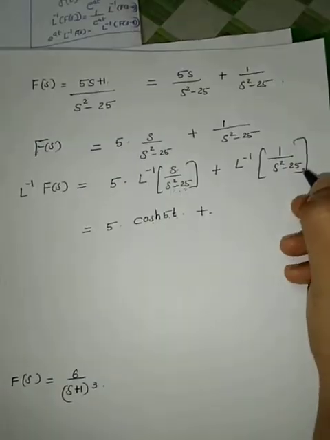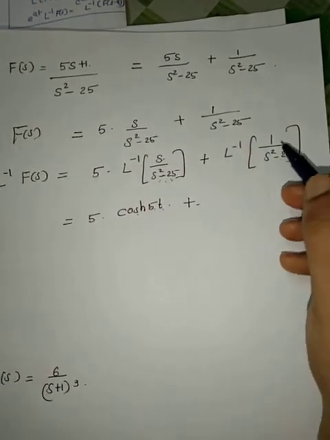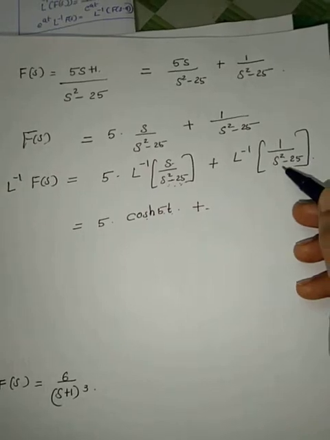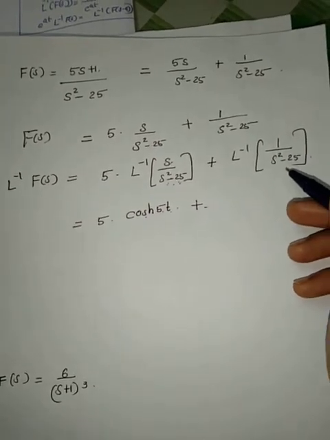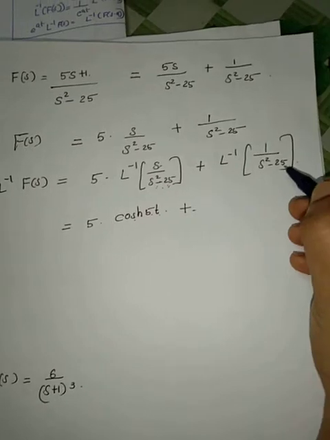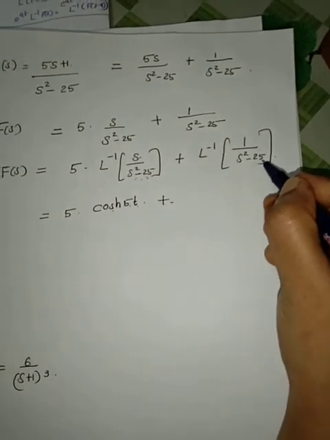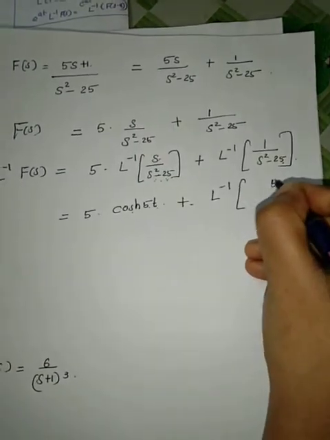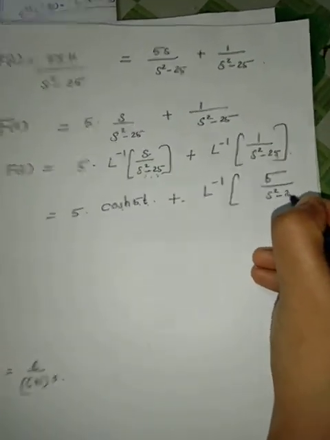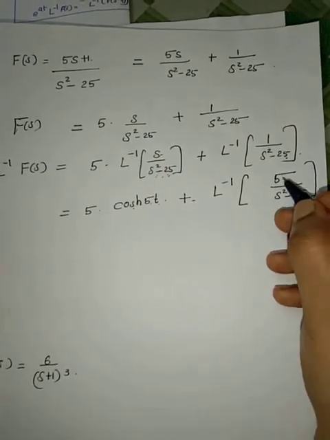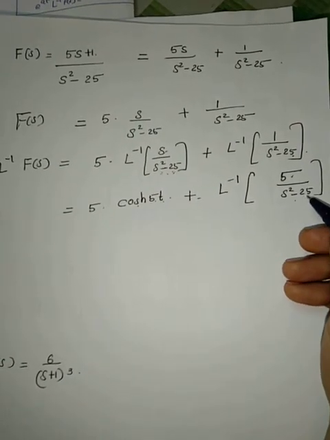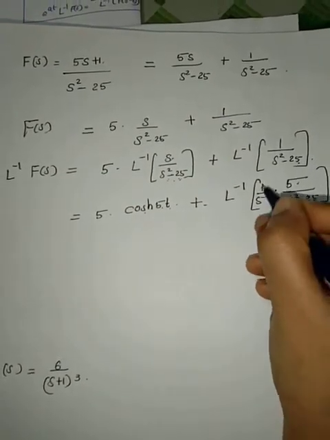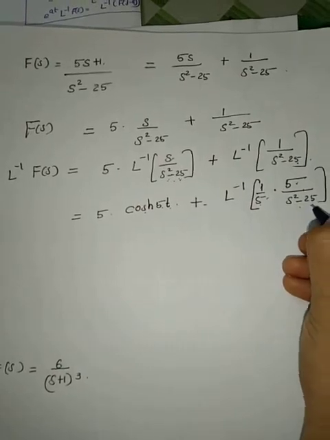Then in the next term, we know that L of sinh at is a divided by s square minus a square. Here the value of a is 5. L inverse of 1 by s square minus 25 is of the form a divided by s square minus a square, so multiply and divide by 5. It can be written as 1 by 5 into 5 divided by s square minus 25.